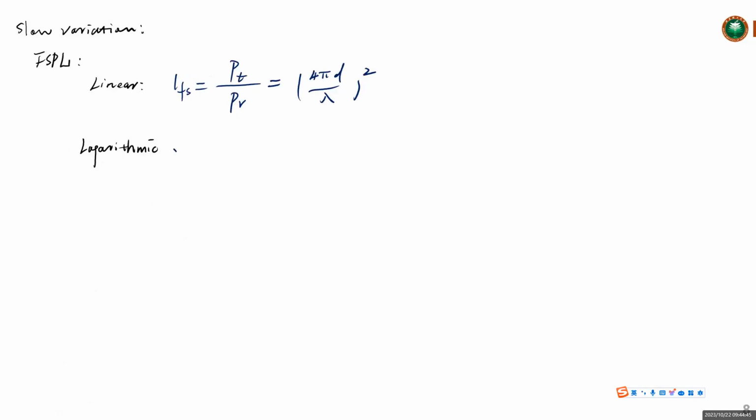In the logarithmic unit, we use the uppercase, okay? And it can be expressed as, for example, 32.4 plus 20 times log 10 of the frequency in megahertz plus 20 times log 10 of d in kilometers, right?